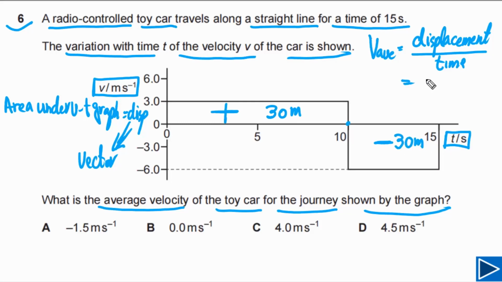So the net displacement is 30 minus 30 meters, divided by time taken, and the total time taken is 15 seconds. So our final answer is 0 meters per second. Average velocity is equal to 0 because the net displacement is equal to 0. So the answer for this question is B.